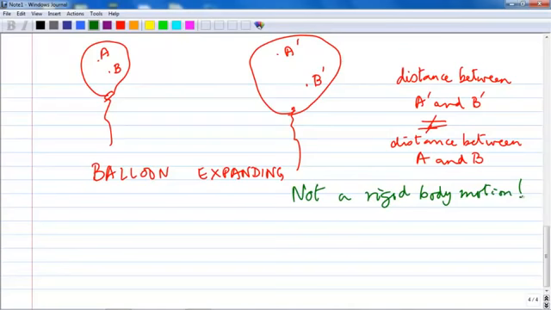Okay, so we have seen an example of a rigid body motion and an example which is not a rigid body motion. So now let's get into the math of this. And we have defined this formally. So now we have this formal definition.